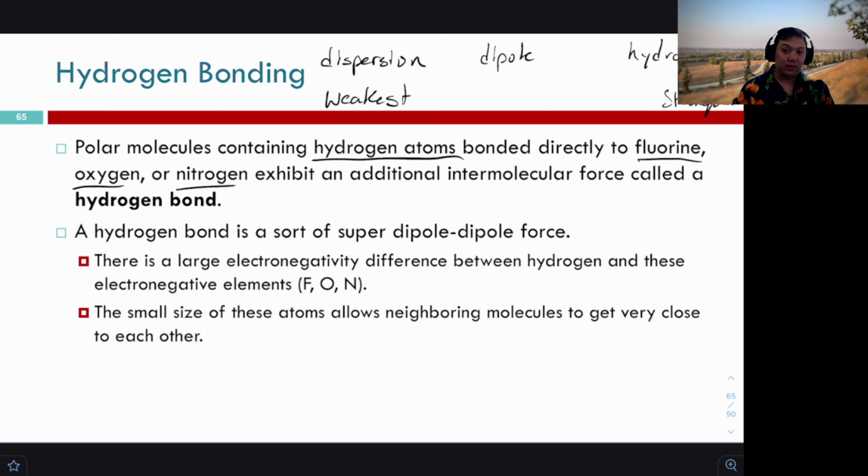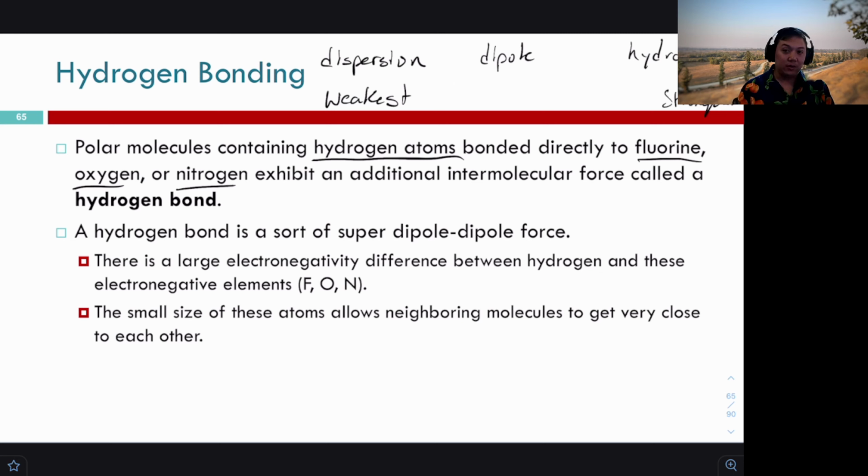The small size of the atoms, meaning fluorine, oxygen, nitrogen, and hydrogen, which are all very small atoms, very close to the top of the periodic table, allows neighboring molecules to get really close. And really what this means is there's a large difference in electronegativity between hydrogen and fluorine, which is one of the places we can have hydrogen bonding.